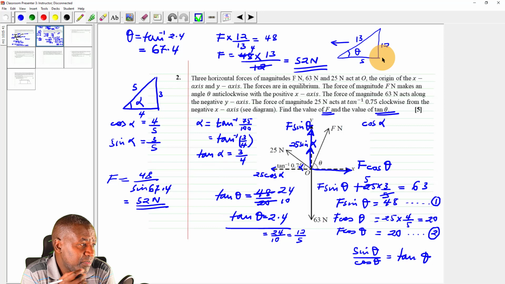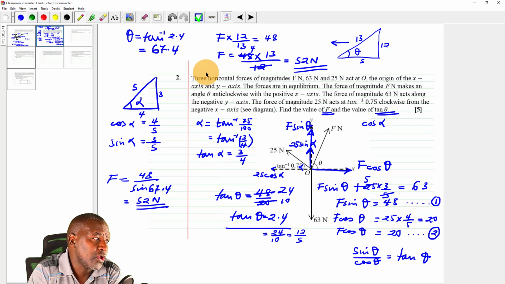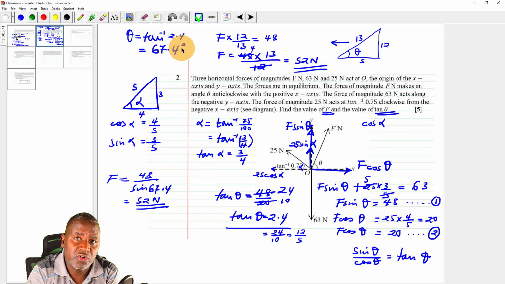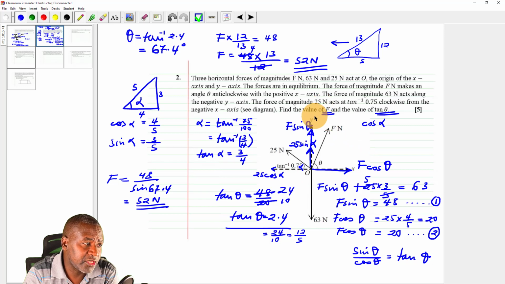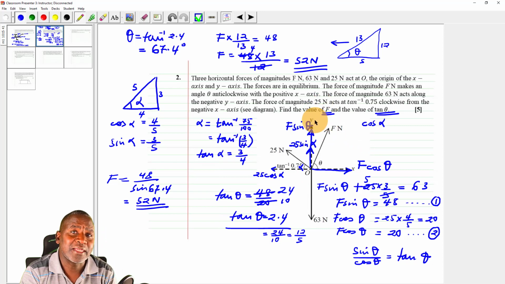But that does not mean that the first method, where I worked out the angle theta to be this much, is wrong. No, it's not wrong, because there is nothing in the question that tells you that you must follow this. The only thing that you've got to ensure is that you follow the instructions that have been given in the question. With that, let's proceed to question 3.